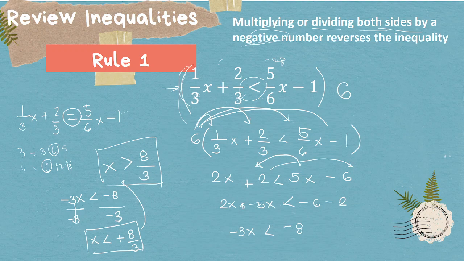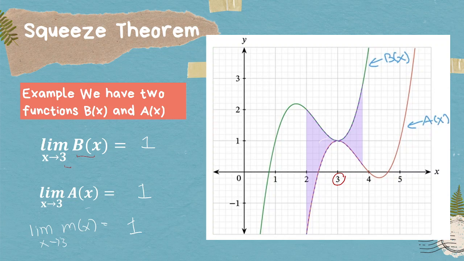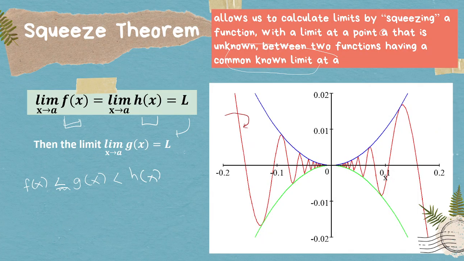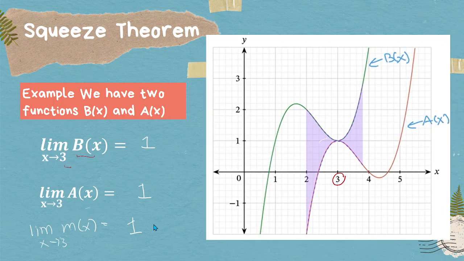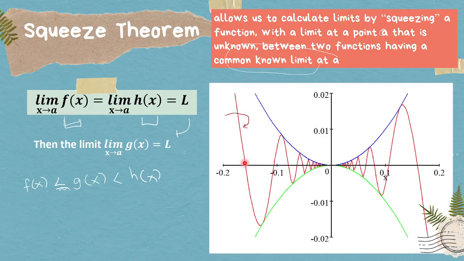None? Now let's proceed. If we have a double inequality, why am I discussing this one? Because in the squeeze theorem, we will have an inequality. If you observe the graphs of the functions in the squeeze theorem, this function is bounded in the middle of the upper and the lower function.